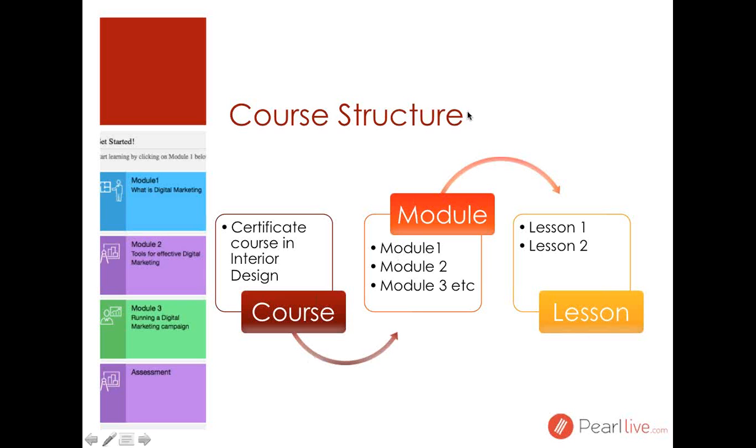Each module has multiple lessons. So there is a sequential progression that you can make for every course, by module, by lesson. The platform automatically guides you as to what is the next lesson that you're supposed to take, and what is the next task or activity to complete after finishing the first one.